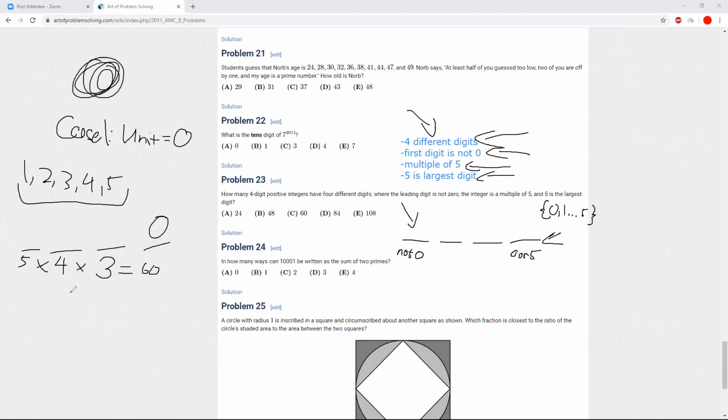Okay, and then we go to case 2, which is when the units digit is 5. So that means we have an integer that's something like blank, blank, blank, 5.